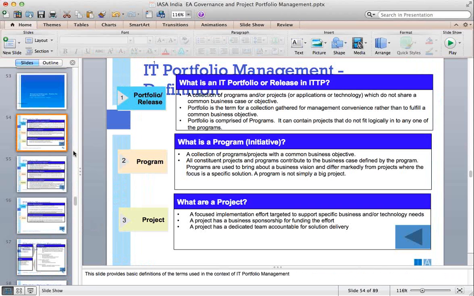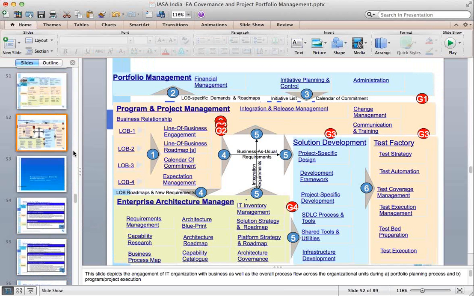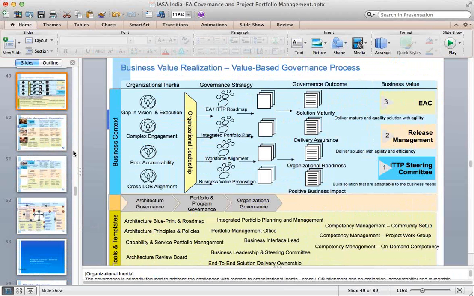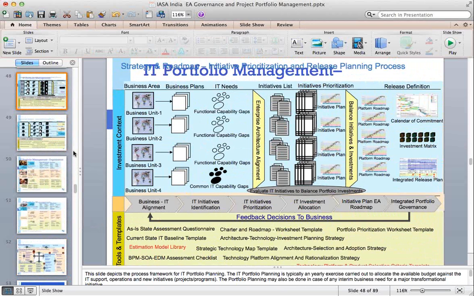So you have multiple different business plans. If you look at a couple of slides back, we did mention various lines of business engagements, each one having their own business plans. So we may have IT needs aligned towards individual business plans here. It may not be a single business.